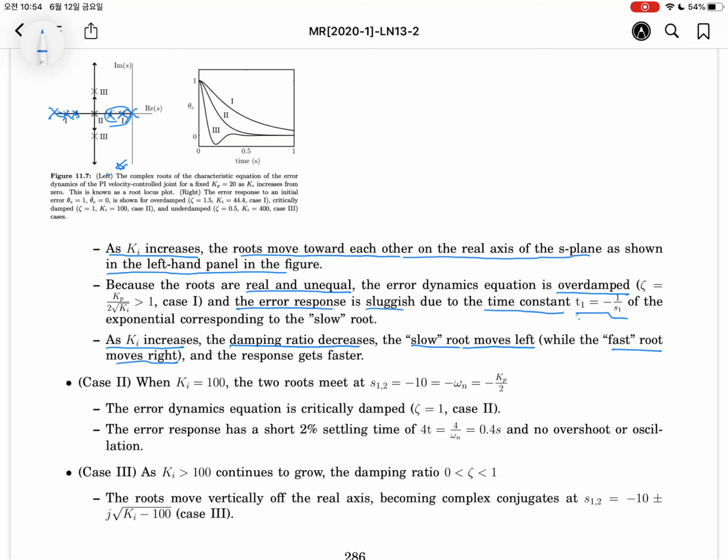The first time, 0 and minus 20 are given as the poles, with Ki as 0. As Ki is increased, one will move to the left, and this one will move to the right. And then, when Ki is set to 100, at that time the two roots meet at the same point, here.